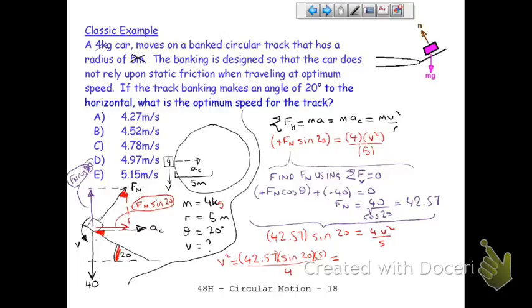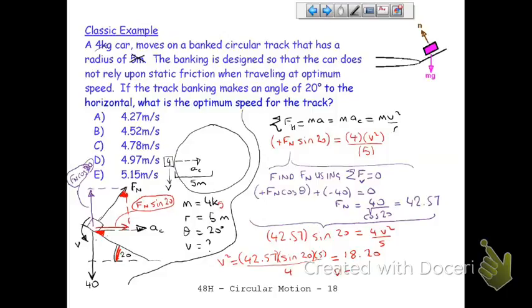So that's going to equal, I go 42.57 times sine 20, enter, times 5, enter, divided by 4, enter. So I'm going to get 18.120.